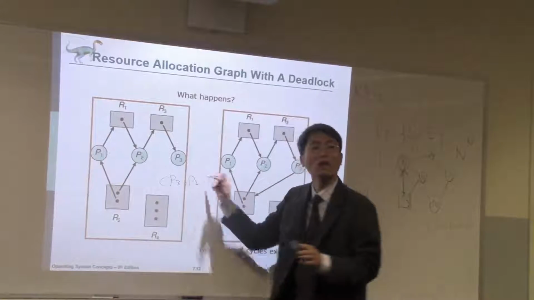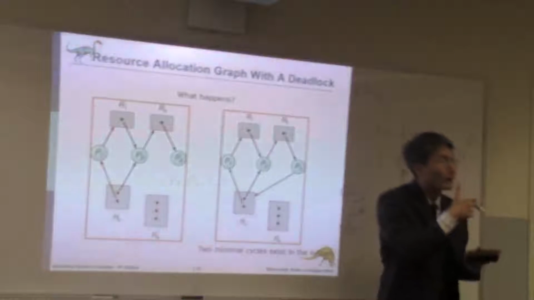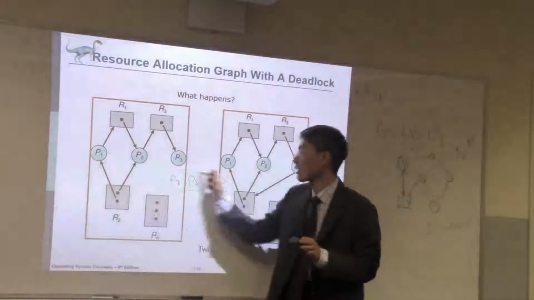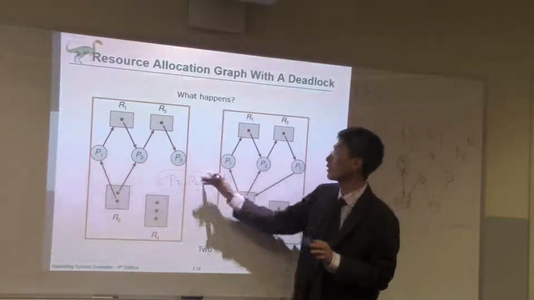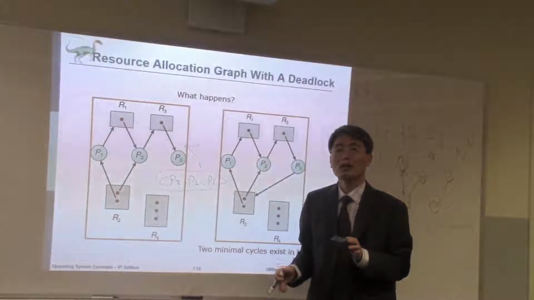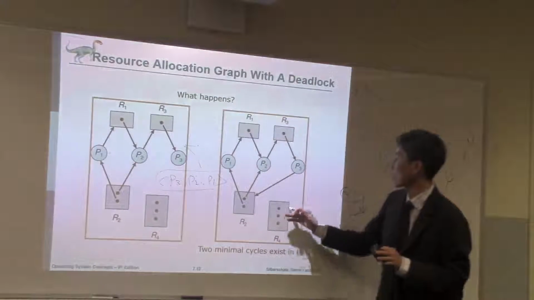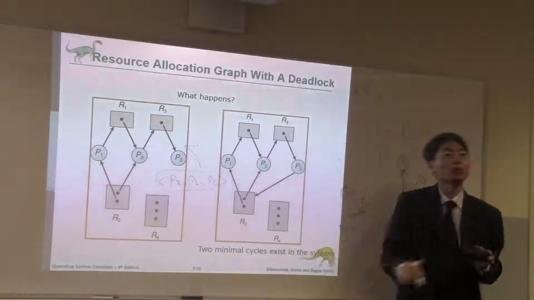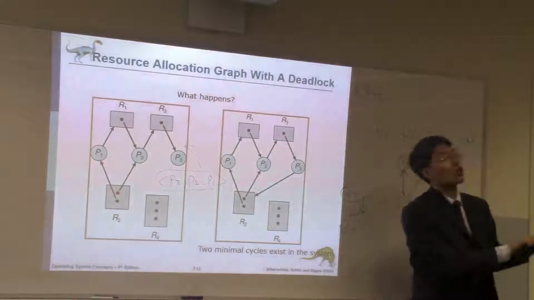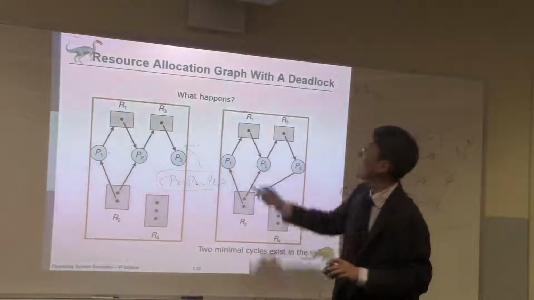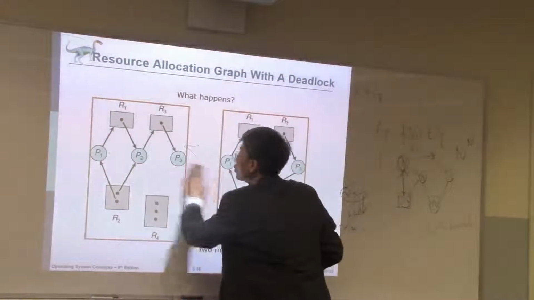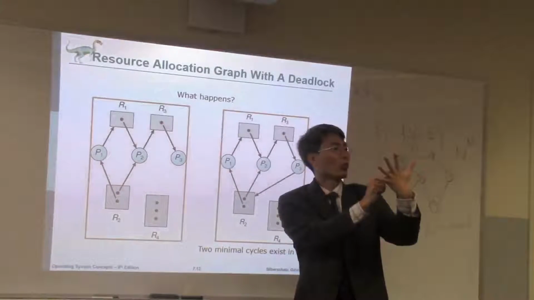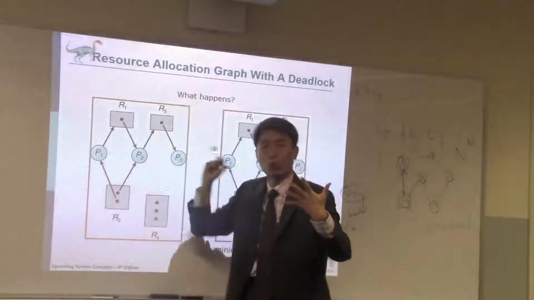As long as you can find at least one sequence of processes that can be successfully terminated, this is called a safe state. What about this? This is not a safe state. We cannot find any process list that can be successfully terminated. So after you tentatively allow the allocation request, check whether this is a safe state or not.